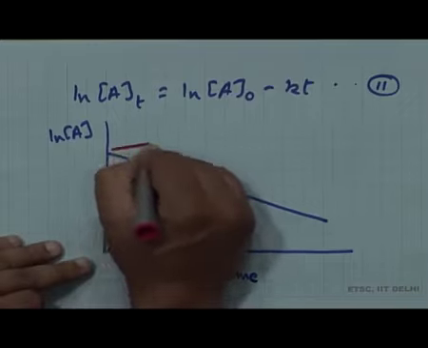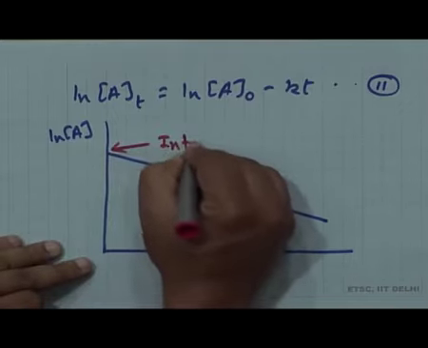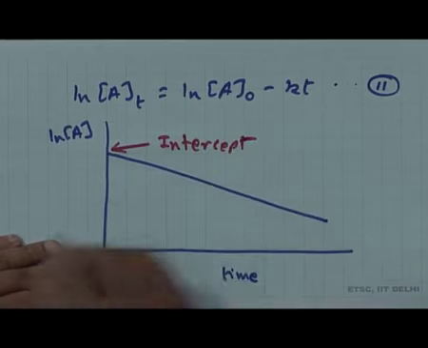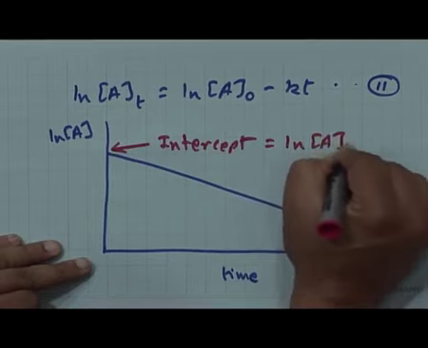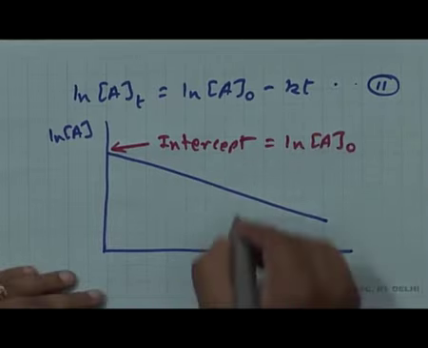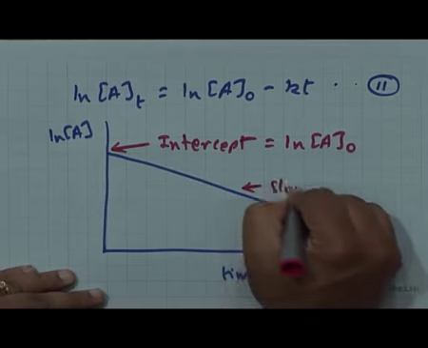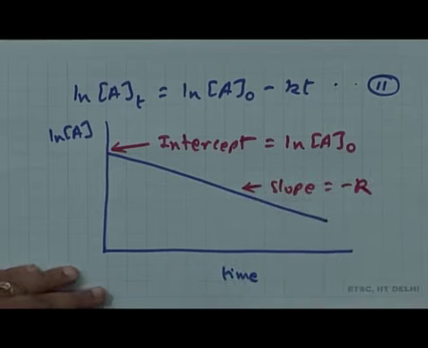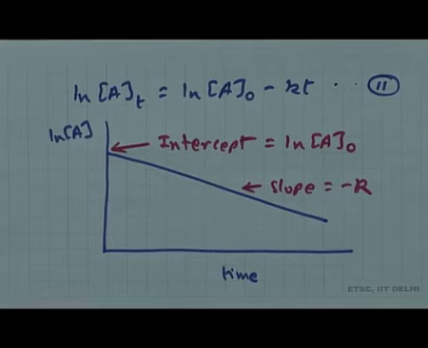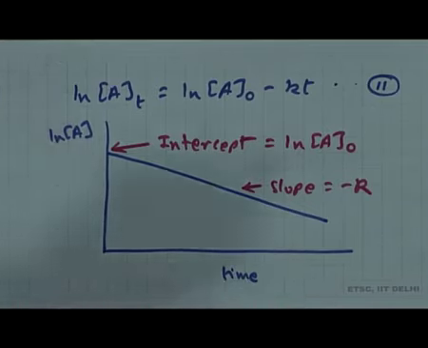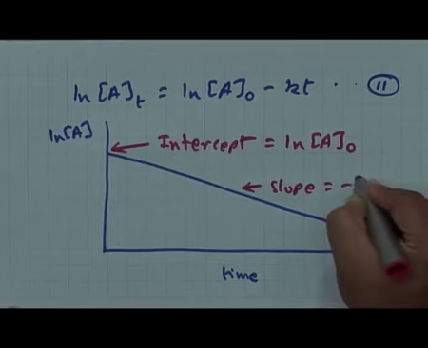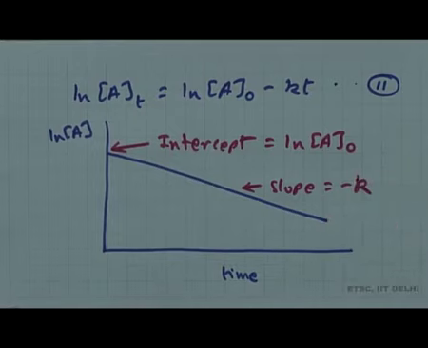One is the intercept. And from the slope, which is negative, this is equal to minus k, and hence from the slope we get the value of the rate constant, which is k. This is how you get the rate constant for a first order reaction if you plot it like this.